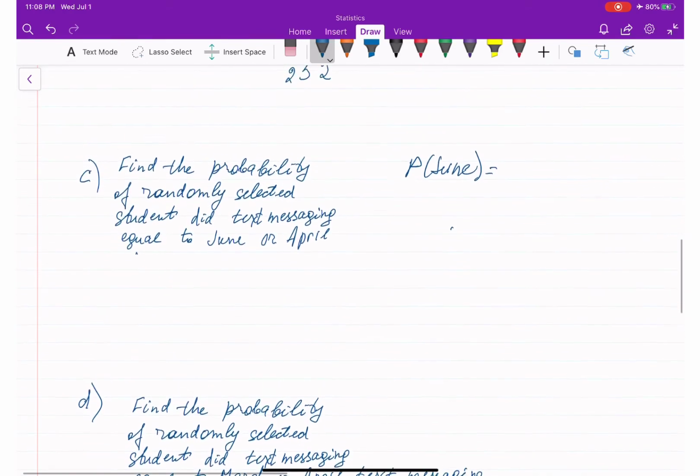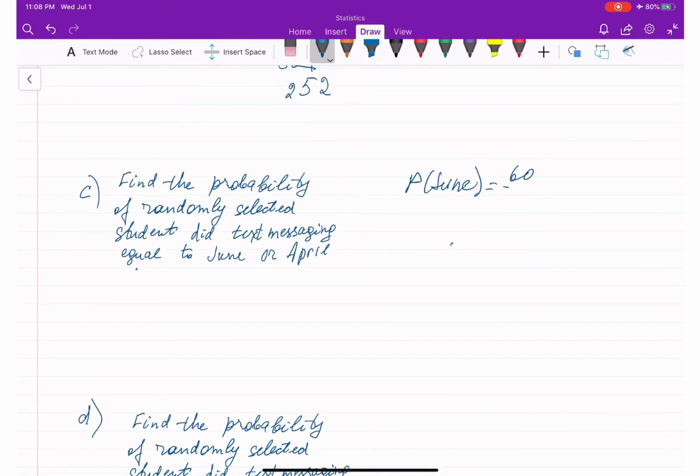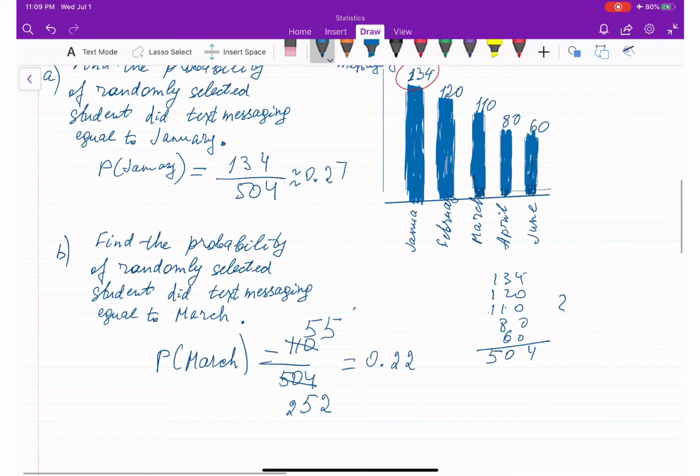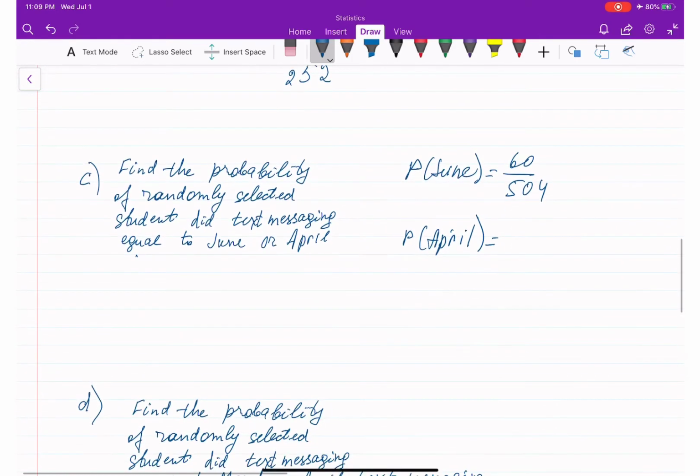So it's gonna be 60 out of 504, because total we saw it's 504. Then April. How much is April? 80 over 504. So 60 divided by 504. Can we reduce these both fractions? Actually, it will be easier to add. Let's leave it alone because we need to add here.